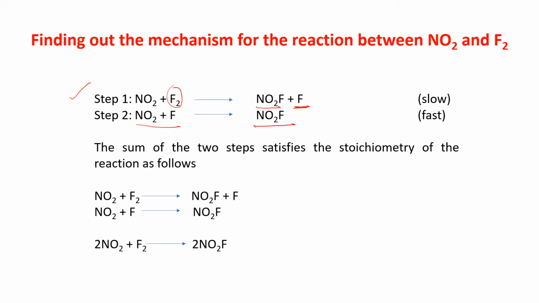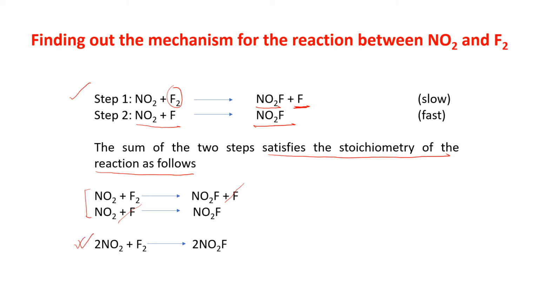Now add these two reactions. The sum of the two steps satisfies the stoichiometry of the reaction as follows. NO2 plus F2 gives NO2F plus F. Now NO2 plus F gives NO2F. Just add them: the F and F get cancelled. We get 2NO2 plus F2 giving 2NO2F.